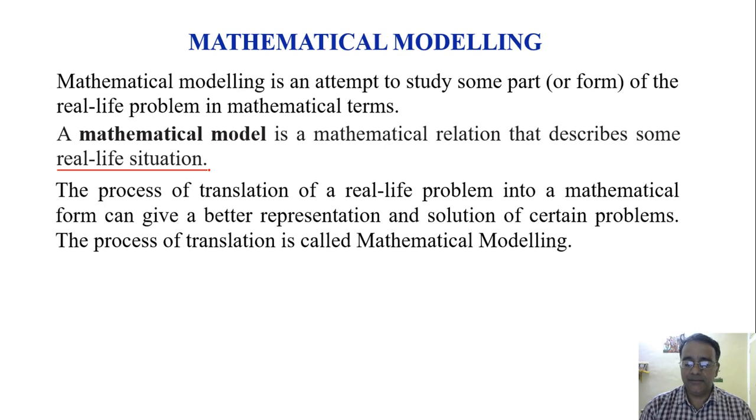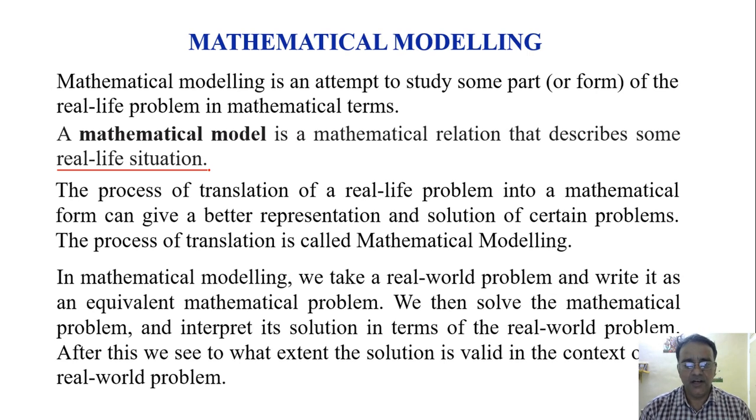We then solve the mathematical problem and interpret its solution in terms of the real world problem. After this, we see to what extent the solution is valid in the context of the real world problem.